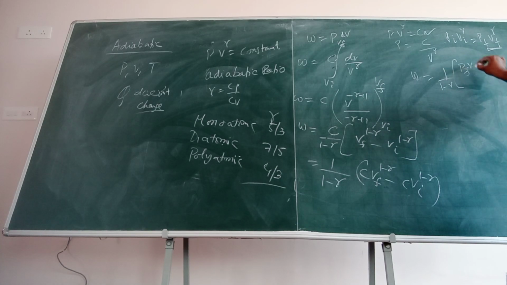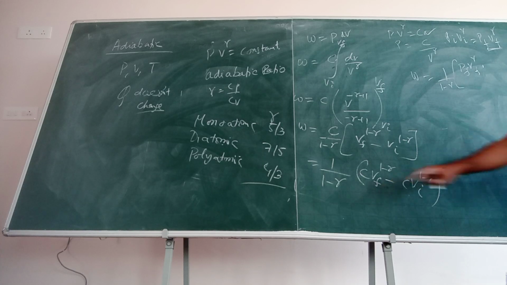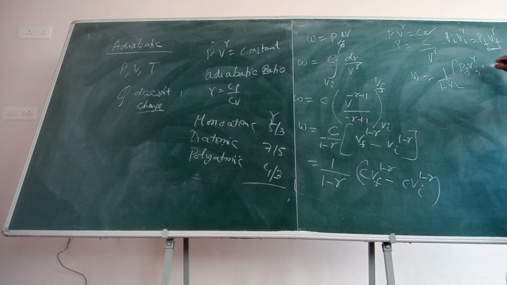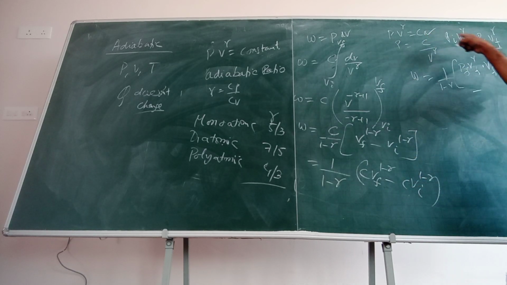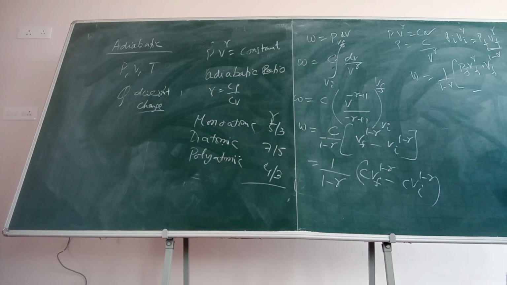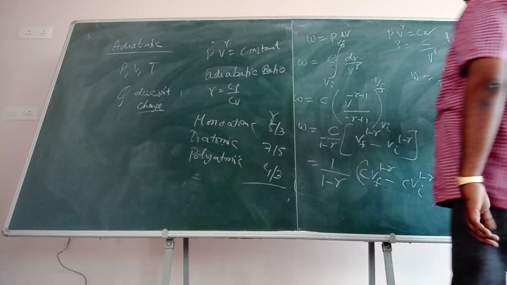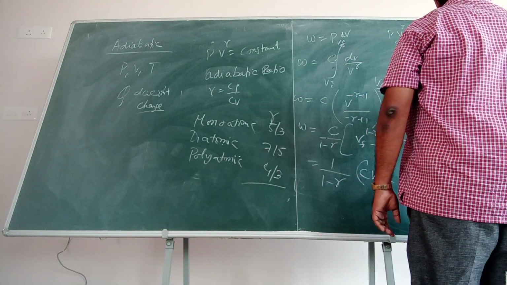Pf Vf to the power of gamma multiplied by, there is already Vf to the power of 1 minus gamma, minus, in this place of C, I will use this, Pi Vi to the power of gamma into Vi to the power of 1 minus gamma. Correct?